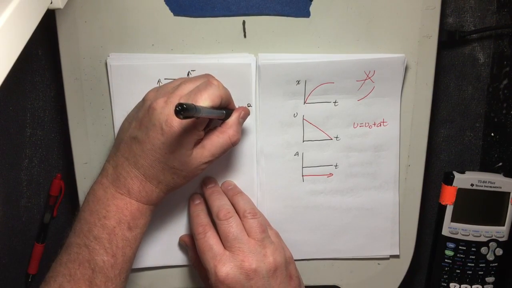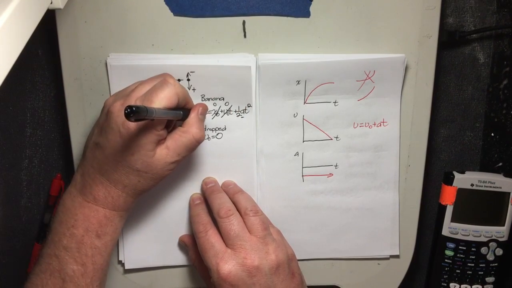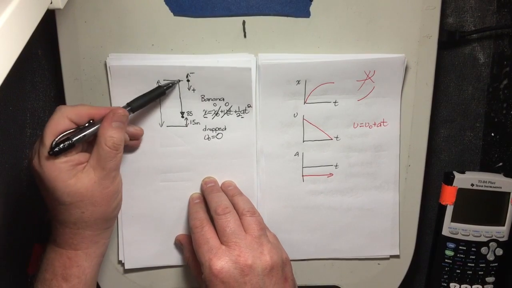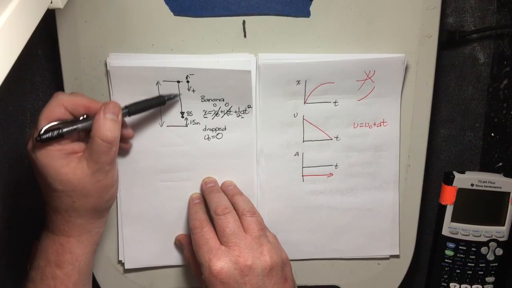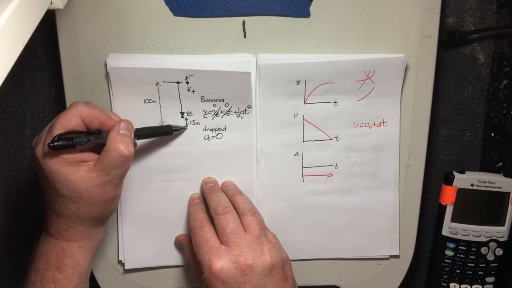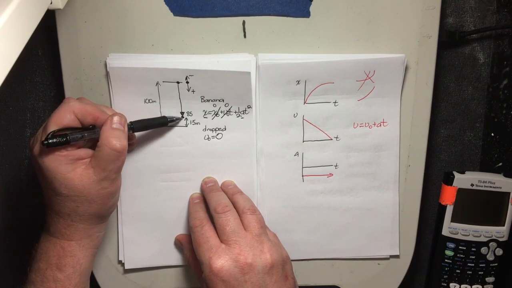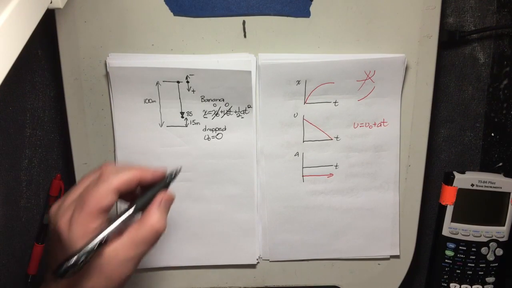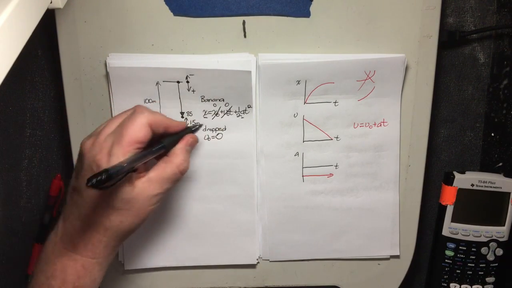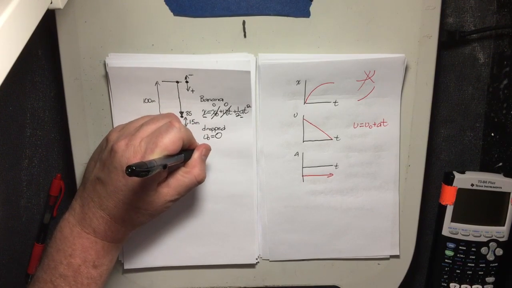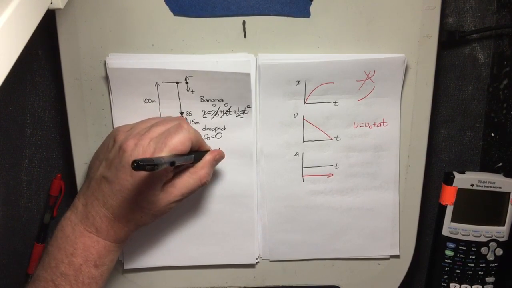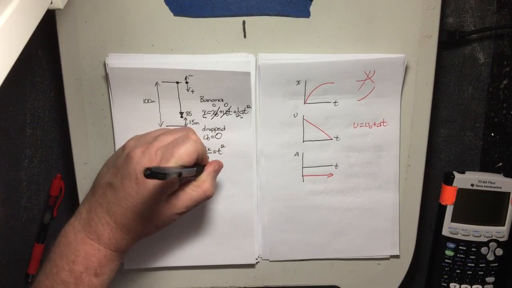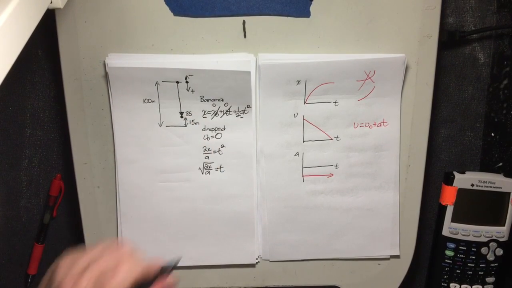I know I'm on planet Earth, that's a. I know that x is 85. If the distance from the top to the ground is 100, and the distance from the catch point to the ground is 15, and the top is the origin, then the coordinate at that point must be 85. The only unknown is t. So 2x divided by a is t squared, and the square root of 2x over a is equal to t.